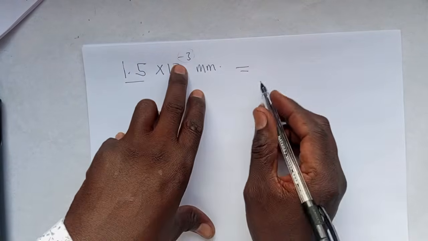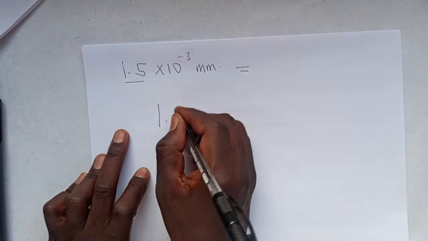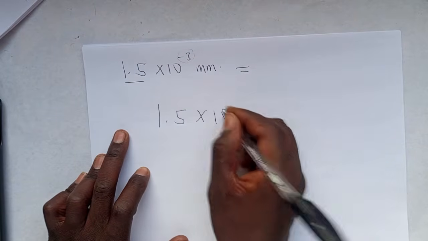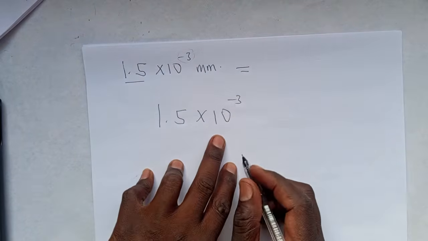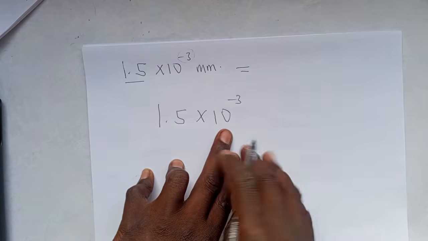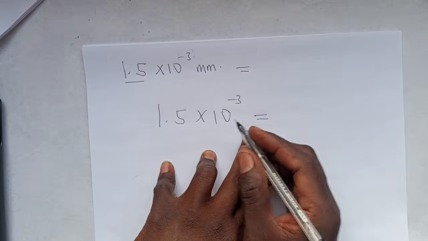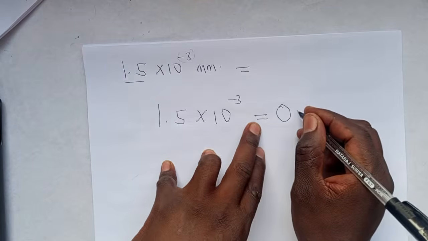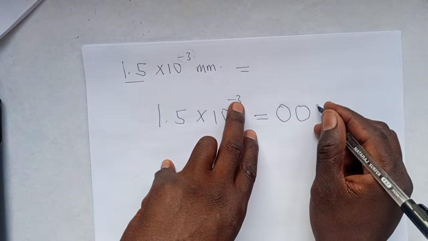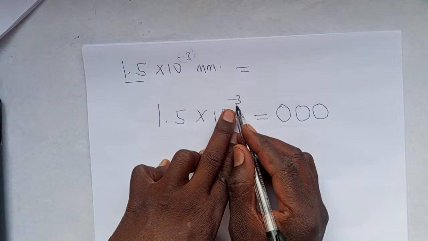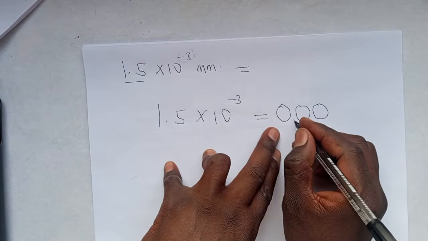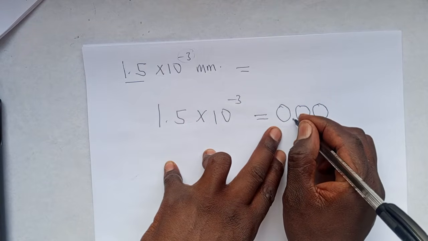It simply means that, let me rewrite this, 1.5 times 10 to the power negative 3. So you are going to have 3 zeros. If you are to write this in decimal form, you are going to have 3 zeros, which will be the first ones to start, and between the first zero and the second there should be a point.